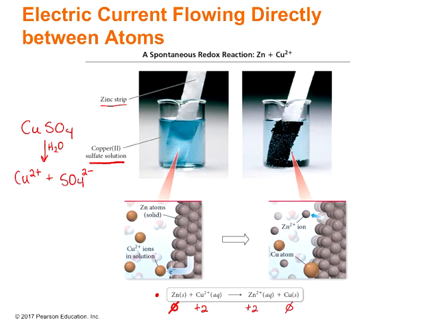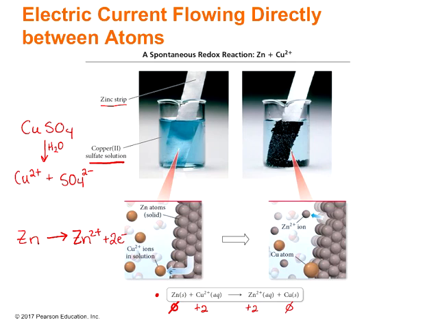If zinc is going from pure zinc to Zn2+, is zinc losing electrons or gaining electrons? I kind of already gave it away. It's losing electrons, right? And in fact, it's losing 2 electrons.